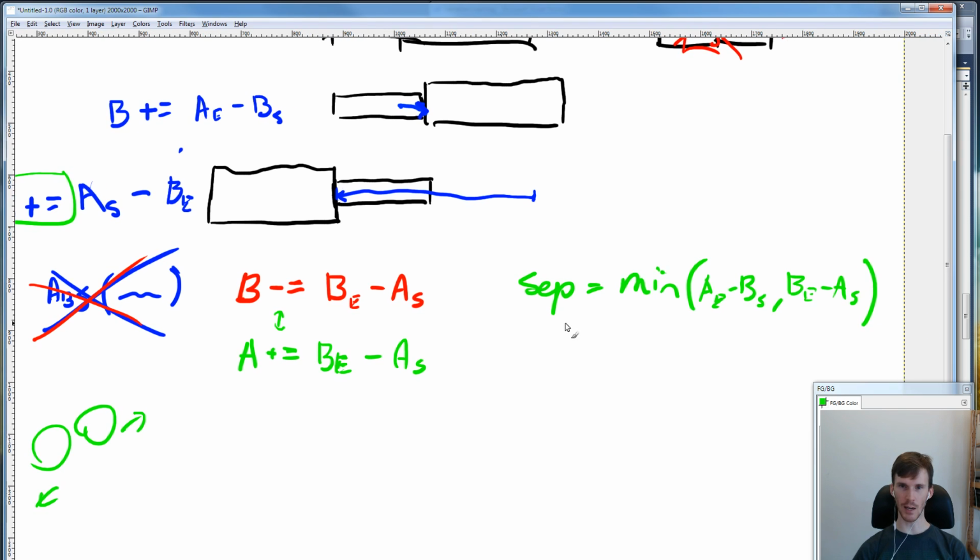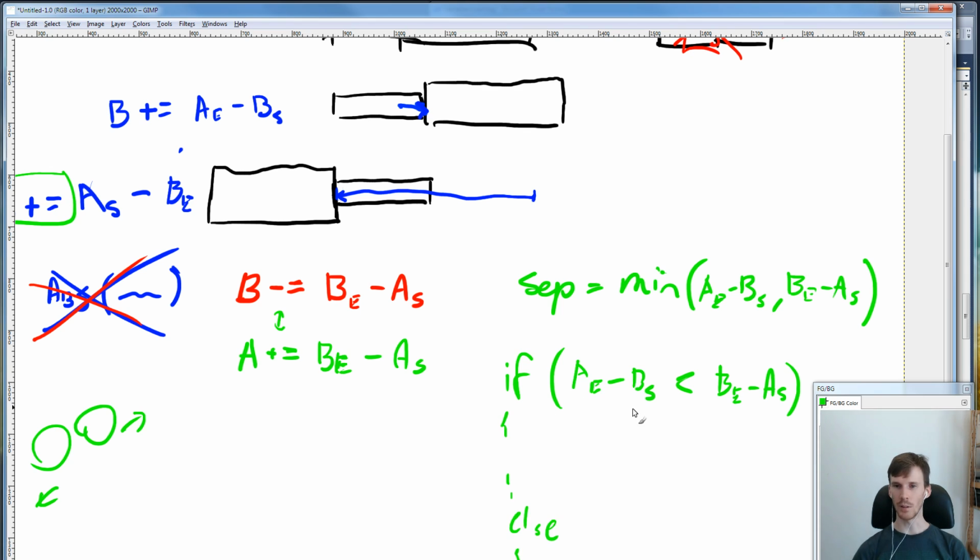So we can't simply say this, because we lose information about whether we want that and that, or this B plus. So instead we have to say: if A end minus B start is less than B end minus A start, then you'd probably have to do this slightly differently.